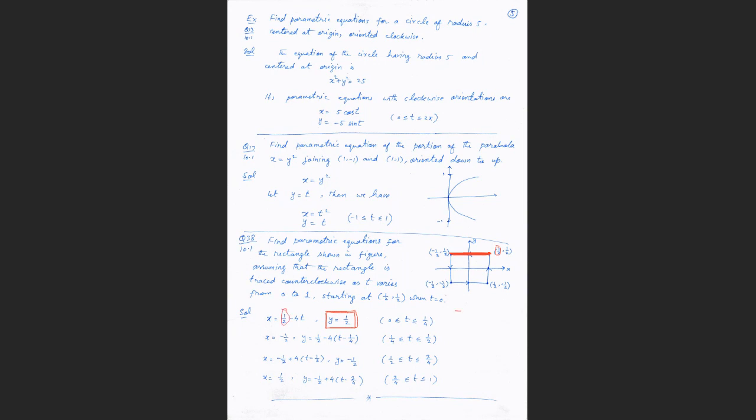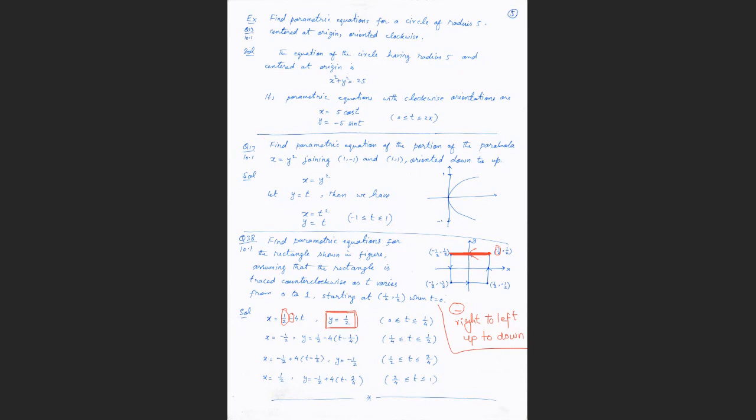Minus times, whenever you move from right to left and up to down, you will use a negative sign. This motion is from right to left, so we use a negative sign here.